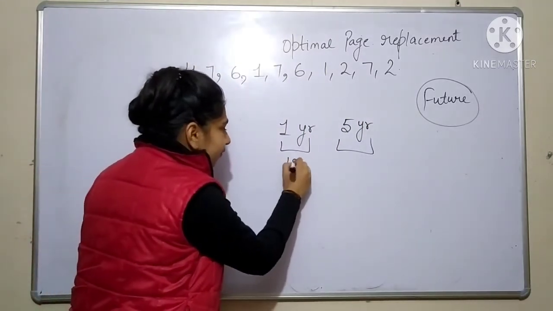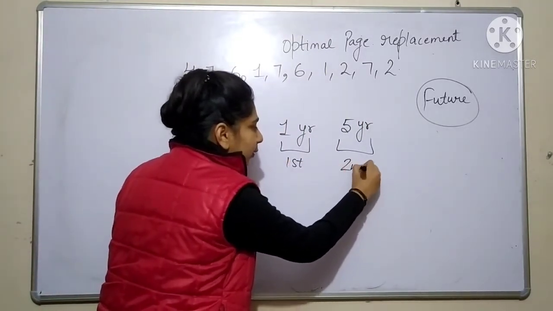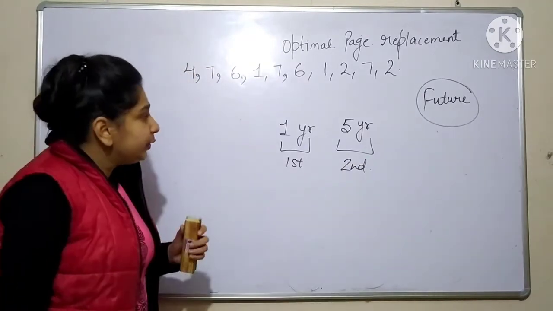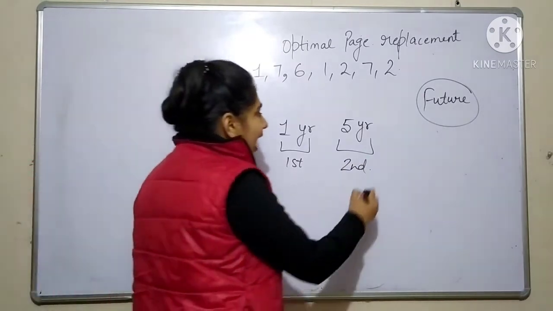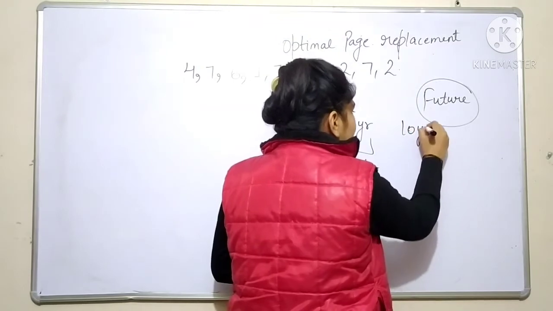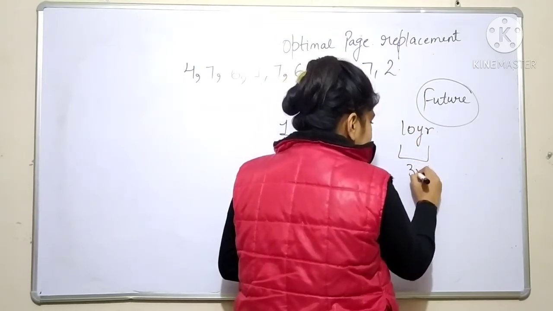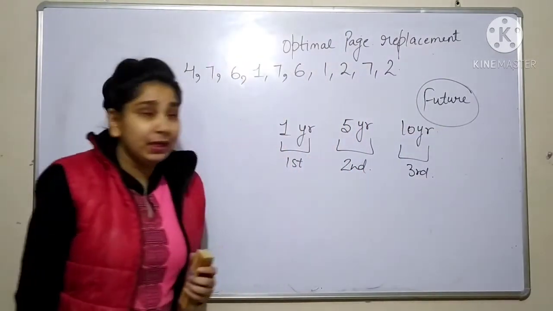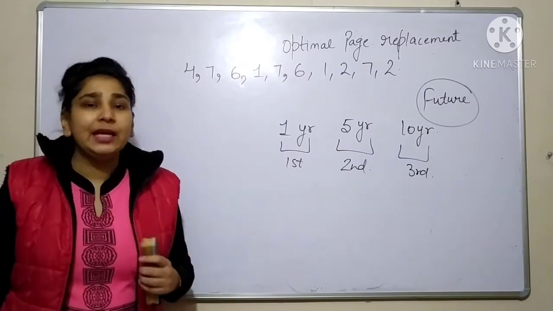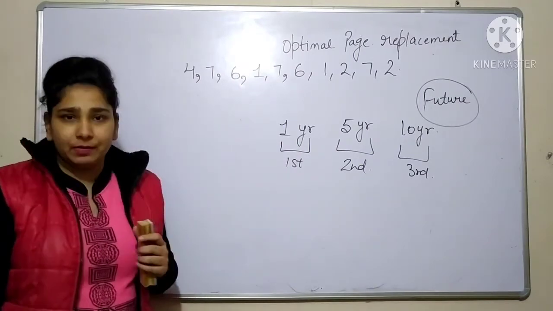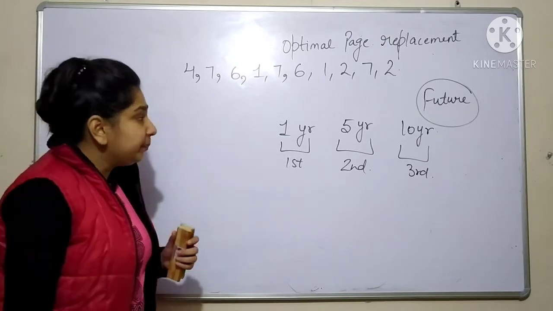This is your first goal, this is your second goal. And you have planned that after 10 years I will be achieving this goal. So you are making a plan of your future.